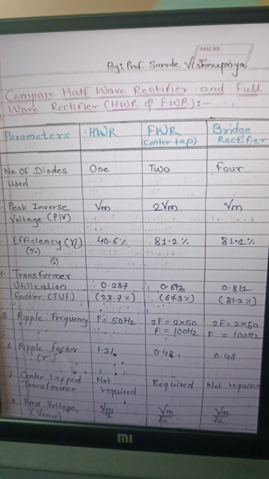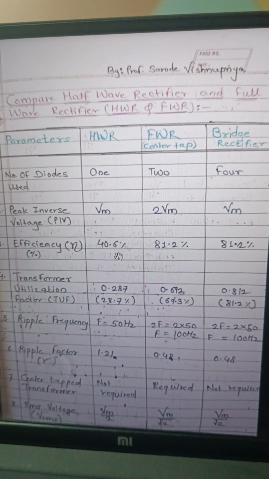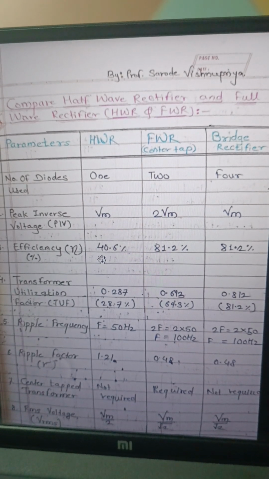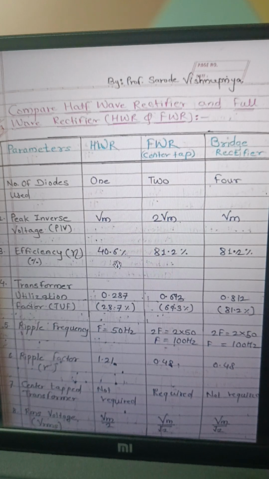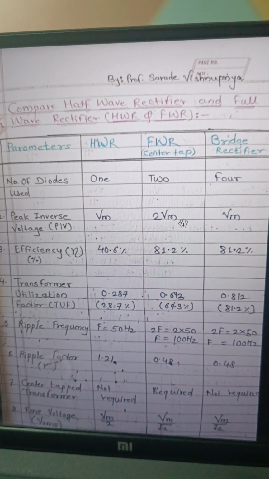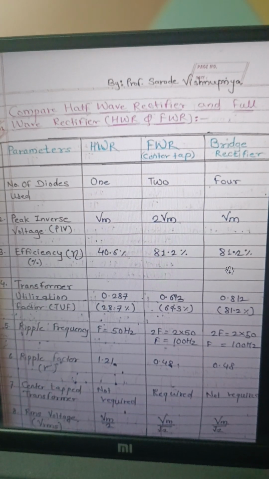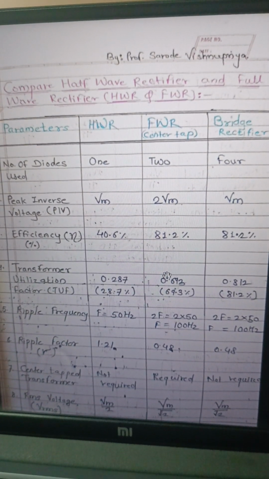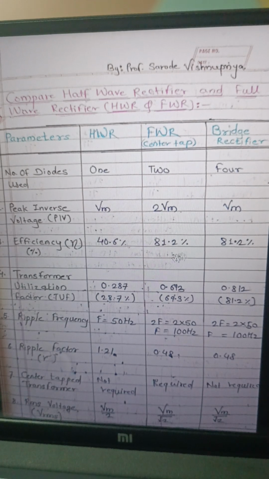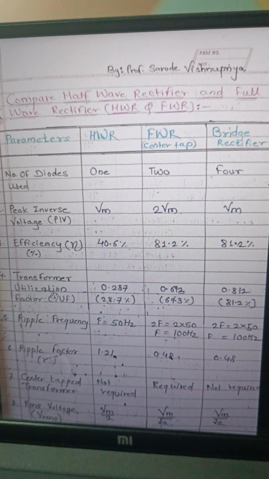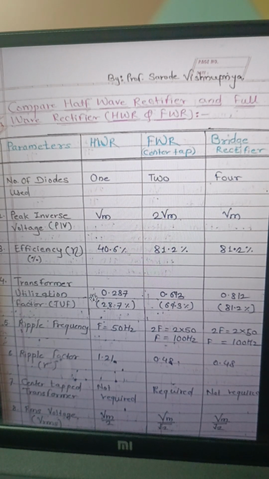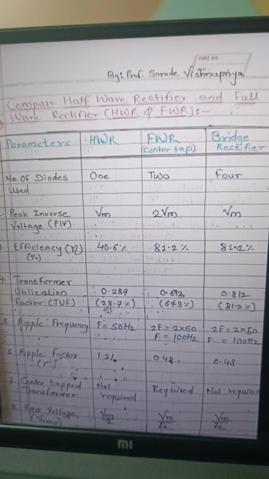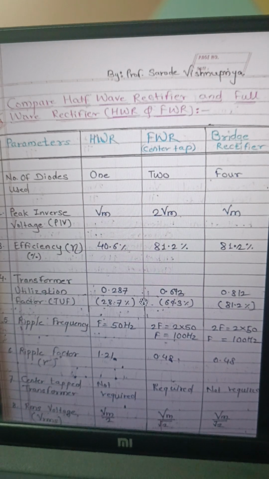The efficiency of the half wave rectifier is very low because it conducts during only one half cycle, so its efficiency is 40.6%. Full wave rectifiers, both center tap and bridge, have the highest efficiency, 81.2%. The transformer utilization factor for the half wave rectifier is very low, 28.7%.